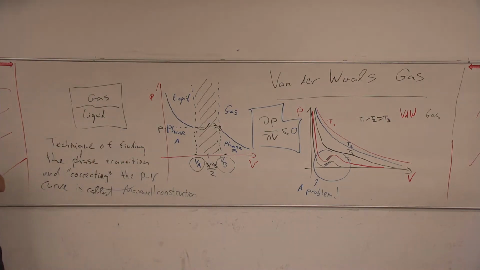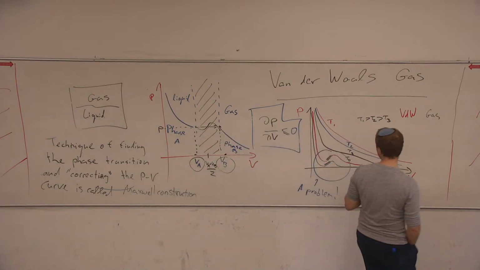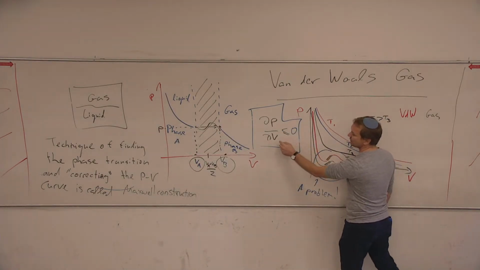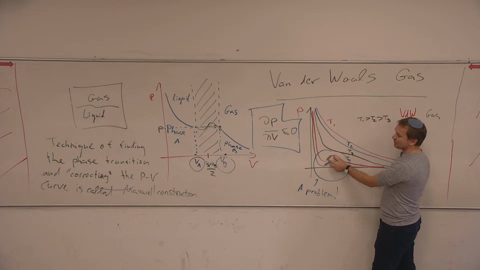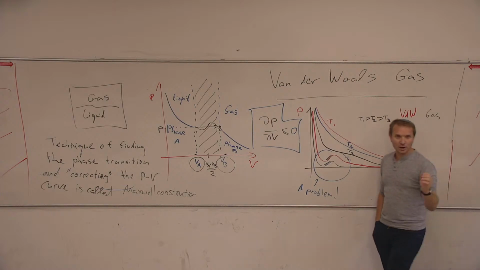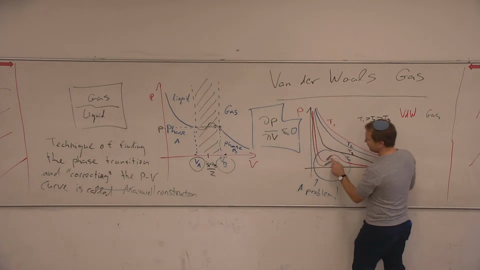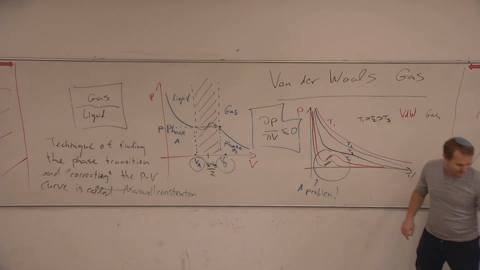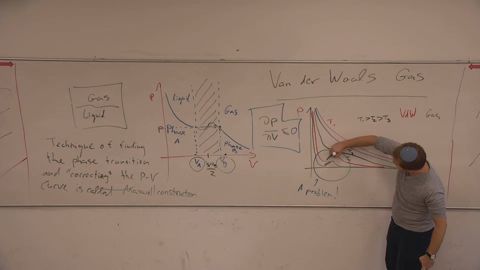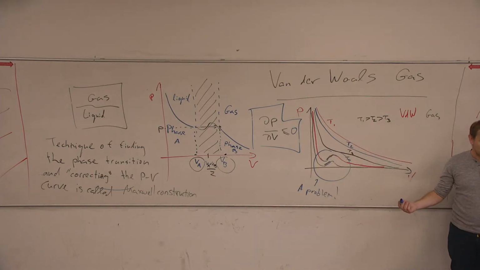Great question. So the question is, we know for sure that when dp divided by dv is greater than 0, the van der Waals description is not correct. Okay? Right. But, as you say, we can also ask the following question. Who says that if it's not correct over here, maybe there is also an additional region over here and over here where it's also not correct?